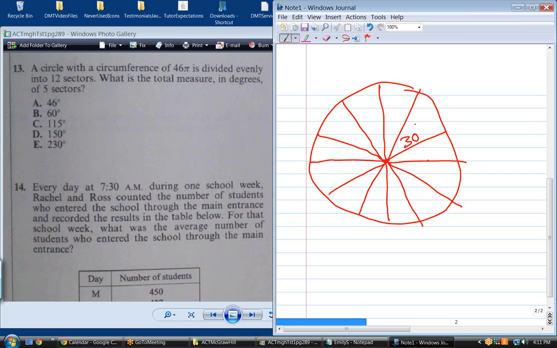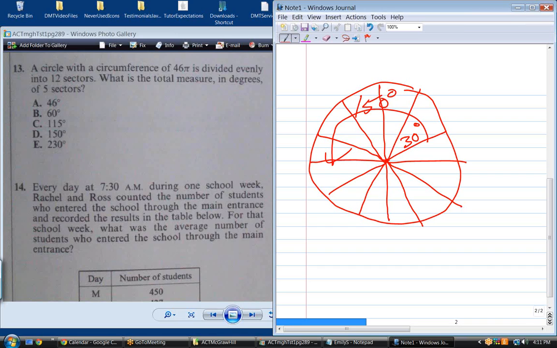Which is 30. So each of those sectors has a central angle of 30 degrees. So what do 5 of them total? 5 times 30, 3 times 5 is 15. It'd be 150 degrees. Exactly. So 5 of them from there to there is 150 degrees.